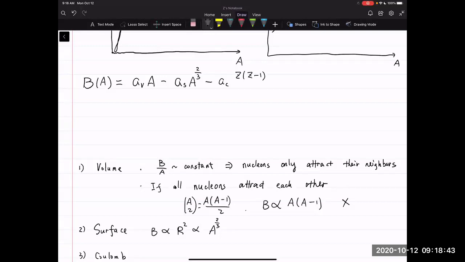Then the amount of energy is proportional to Z squared, Z times Z minus 1. Okay, and then Coulomb energy is inversely proportional to distance. And for this distance, a natural unit is just to choose the radius of the nucleus. So the radius is proportional to A to the 1/3 power, so cubic root of A. Okay, so this is the Coulomb energy.